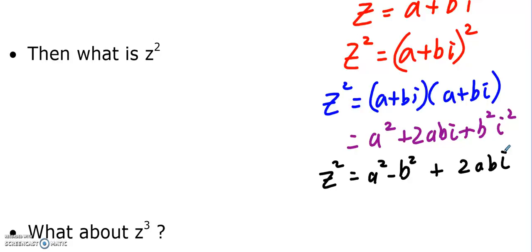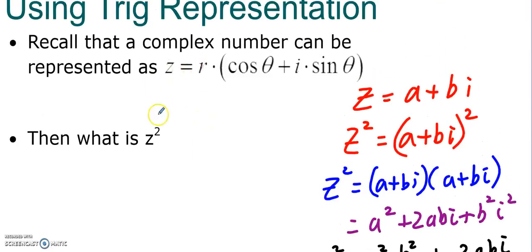Now that wasn't that bad, but as you can see already, what's going to happen when we have z cubed, z to the fourth, z to the fifth? This is going to become a pain, right? So what about in trig form? Well, I know that z squared, we learned this, is z times z.